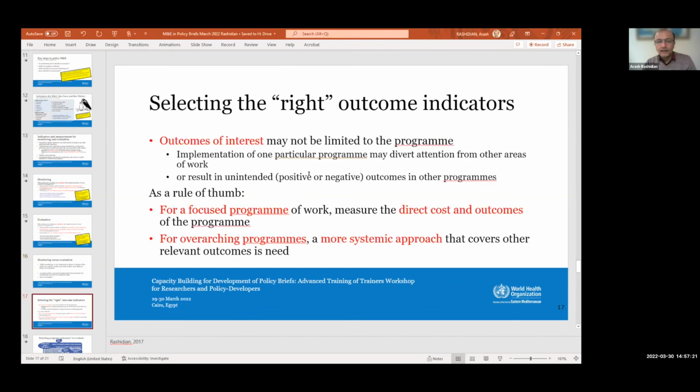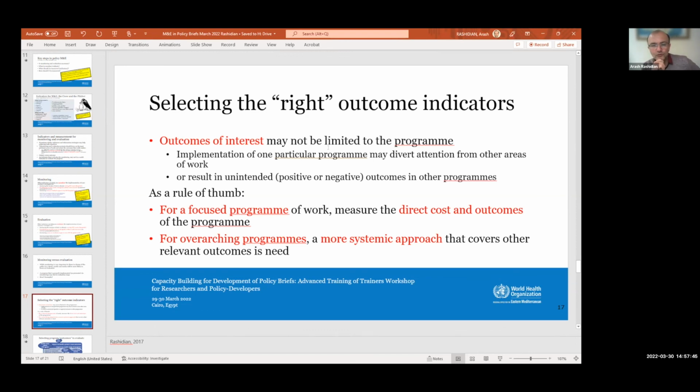The other thing, and that's probably the additional point to add here, is that selecting the right outcome indicator is really important. The outcome of interest may not be limited to the program. By that I mean you might be doing something on one element of the program, but the effect of your policy or program might be observed elsewhere.